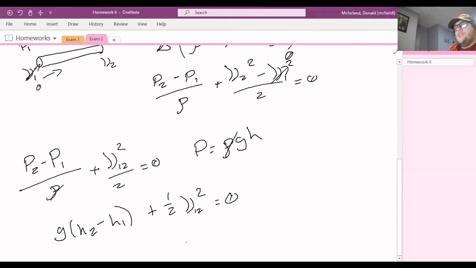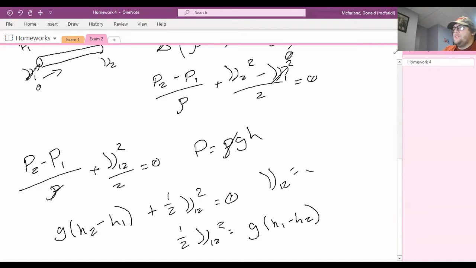We move this to the other side, and we get 1/2 velocity from 1 to 2 squared is equal to G times H1 minus H2. So we take the 2 multiplied by this side and then square root it. And we got our first equation: velocity from 1 to 2 is equal to square root of 2G times H1 minus H2.